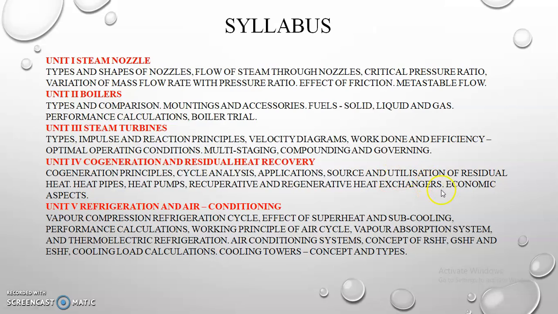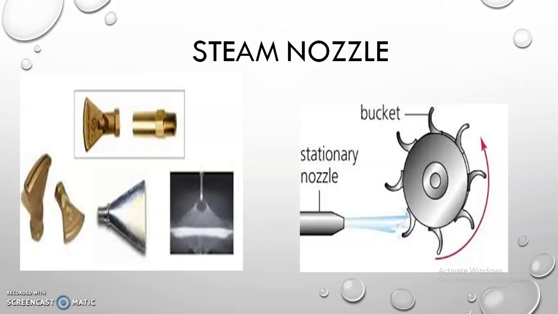And finally we can study the economic aspects of the waste heat recovery system. In the fifth unit you can study the refrigeration and air conditioning system: the vapor compression refrigeration cycle, vapor absorption refrigeration cycle, cooling load calculations, and cooling towers.